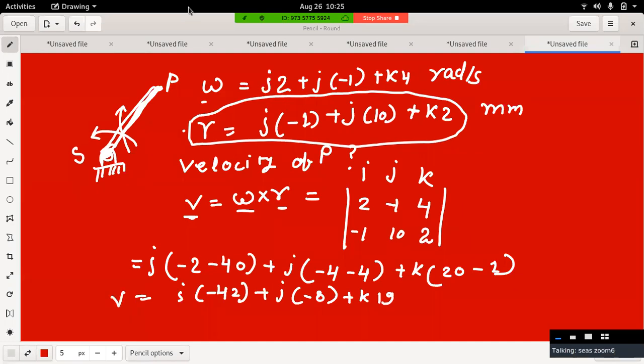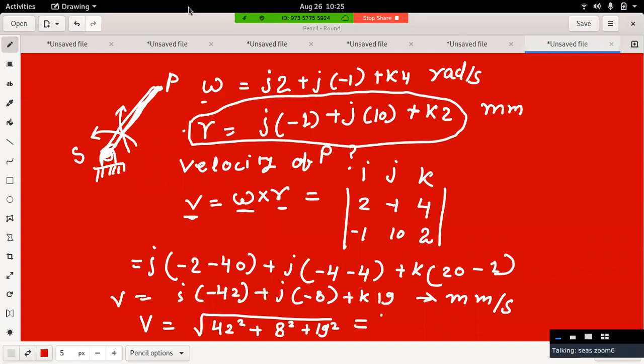And this is velocity V, which must have the unit of, if this was mm earlier, then this must have the unit of mm per second. और एब्सोल्यूट वेलोसिटी अगर निकालनी है तो V is equal to under root 42 square plus 8 square plus 19 square.